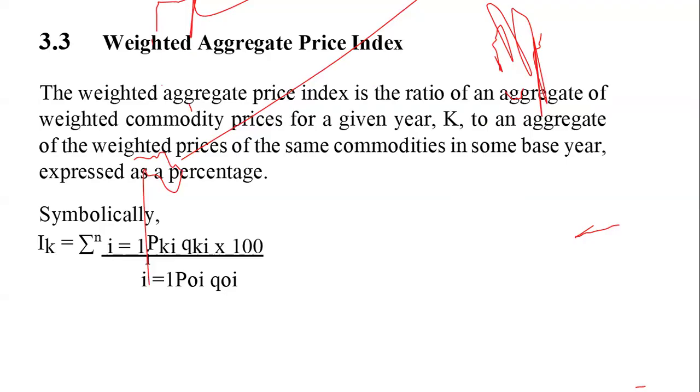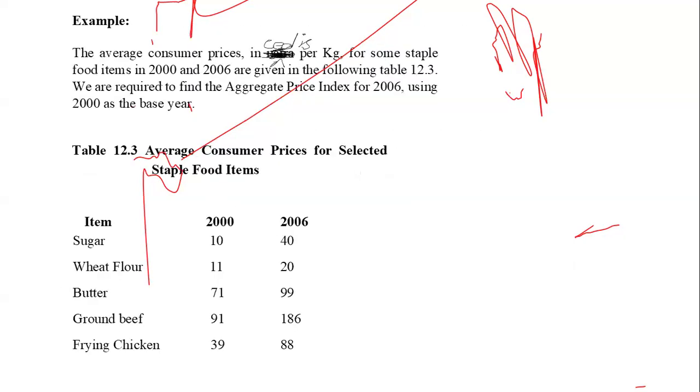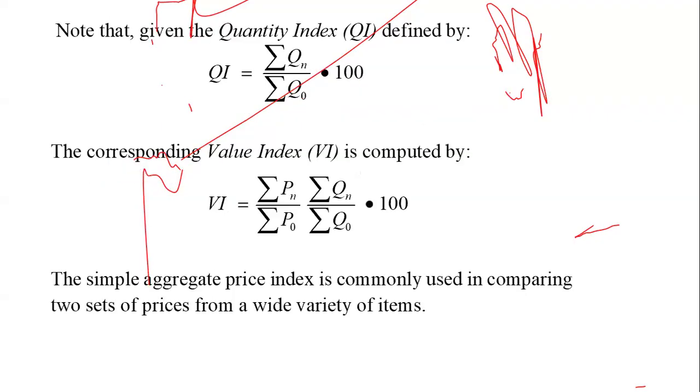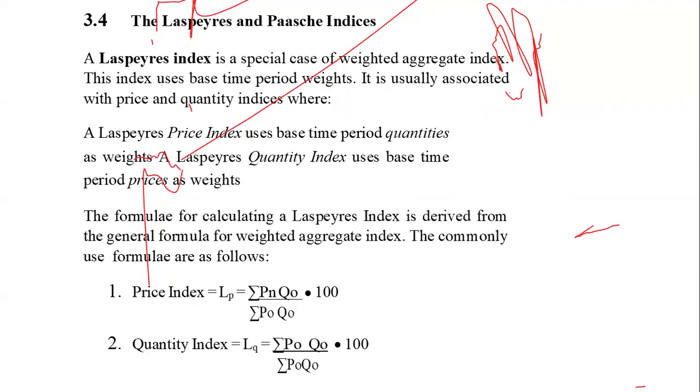The question A is not on the weighted aggregate; it is on the simple price aggregate. So don't confuse yourself with the definition. Be careful. So that is the difference. Please, any other thing?